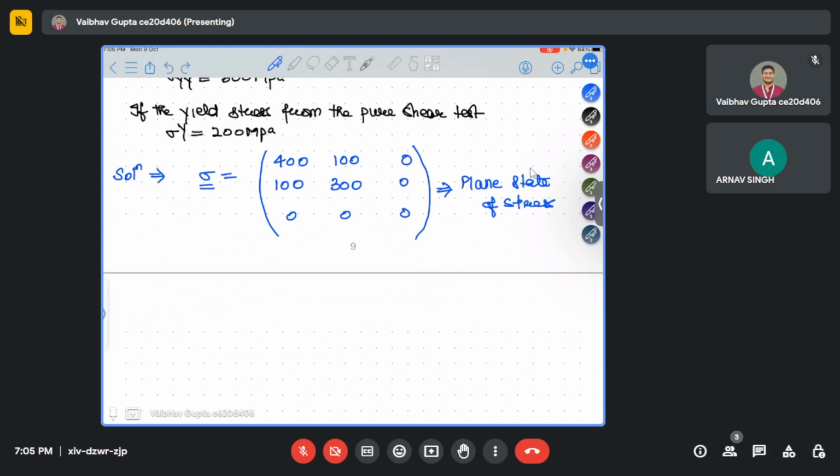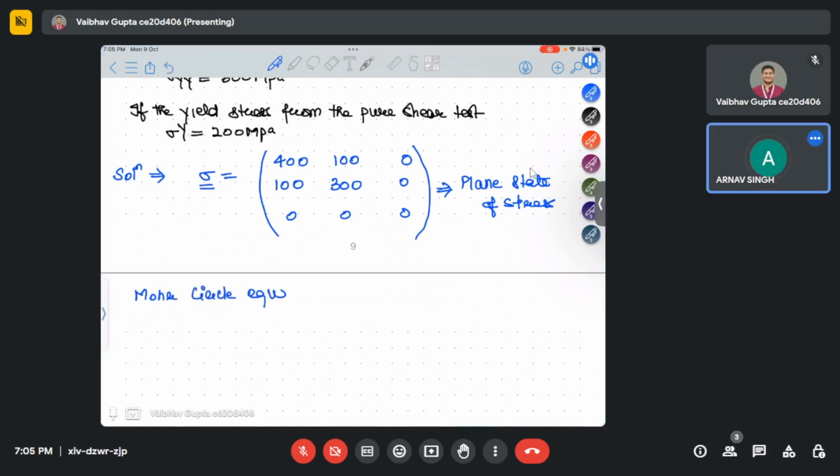So here we use Mohr circle equations to find the principal stresses.